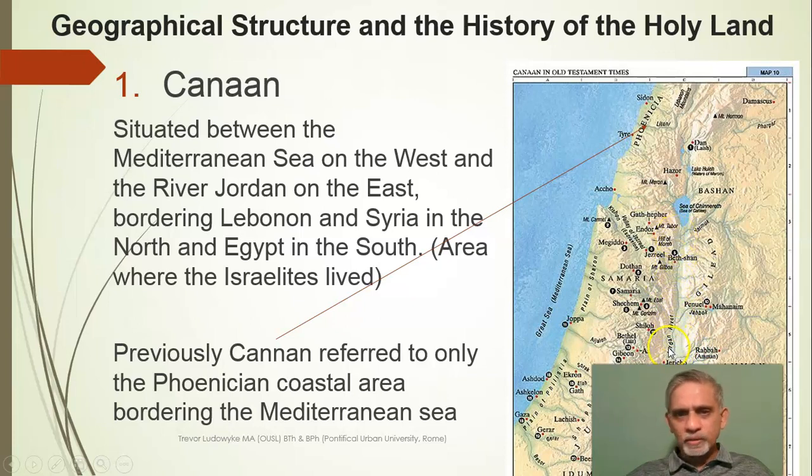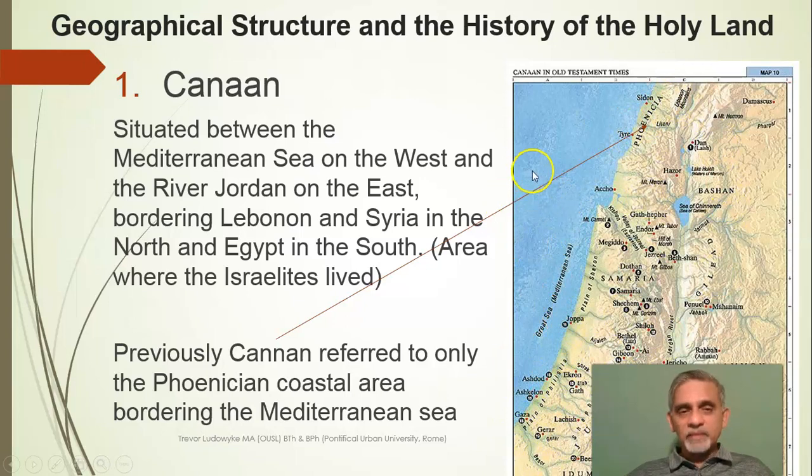And from the north it is bordered by Lebanon and Syria, which you can't see on this map, and in the south it is bordered by Egypt. So this is the area that we called Canaan, the Promised Land.